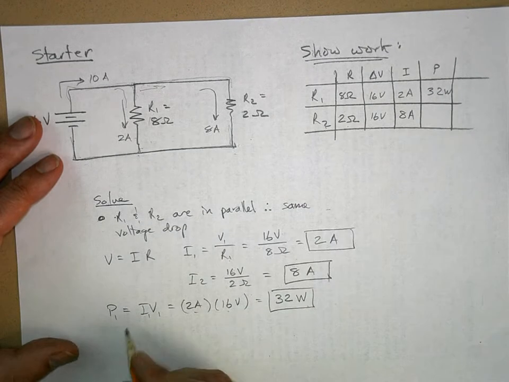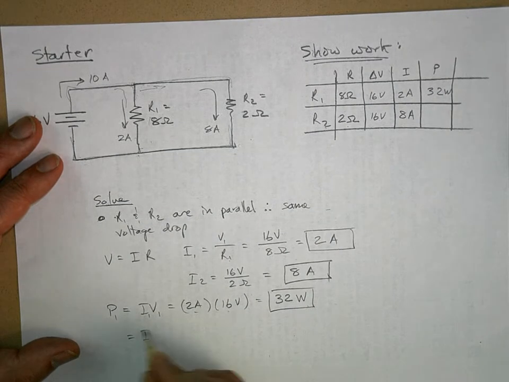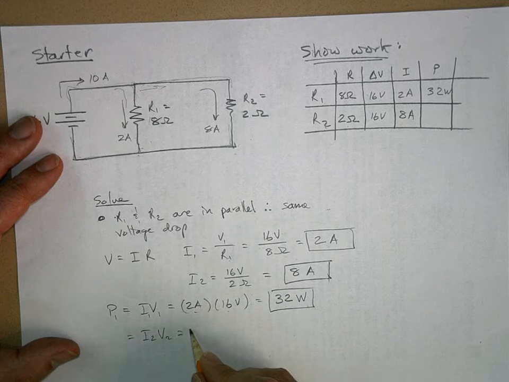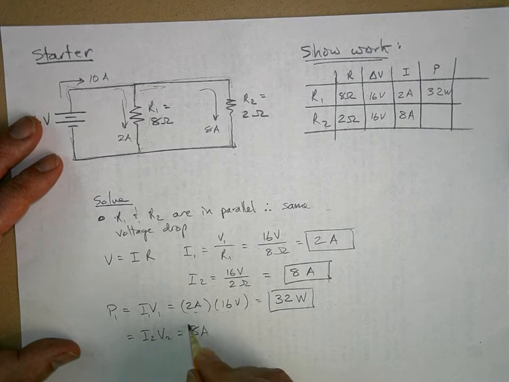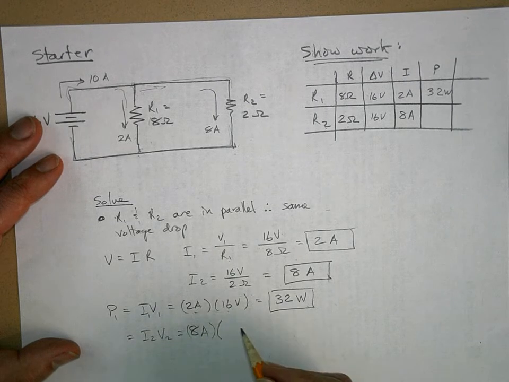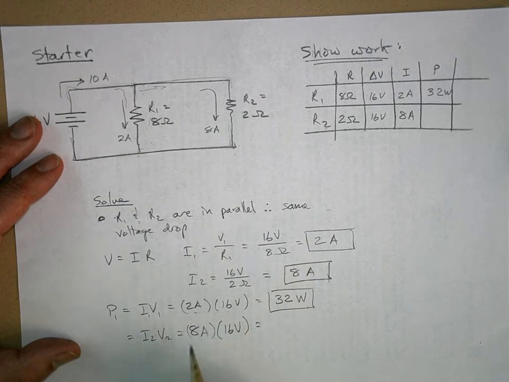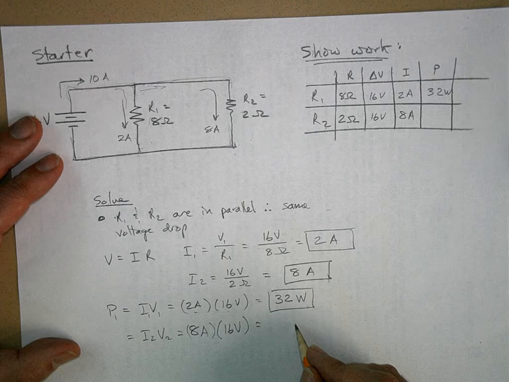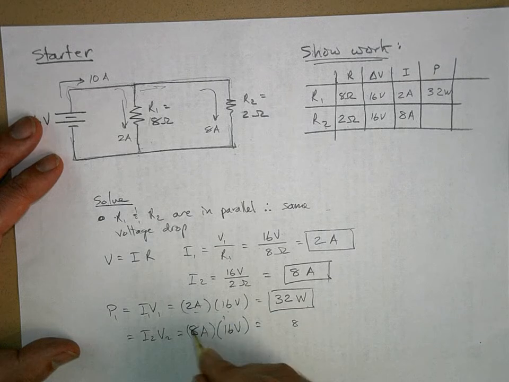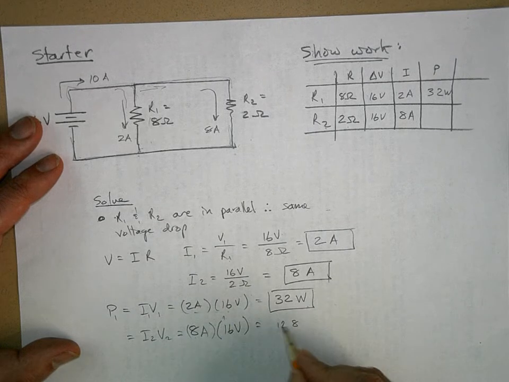And then through R2, here we have 8 amps. And therefore, we still have 16 volts. And 8 times 16, let's say 8 times 6 is 48. 4, 8, 12, 128 watts.